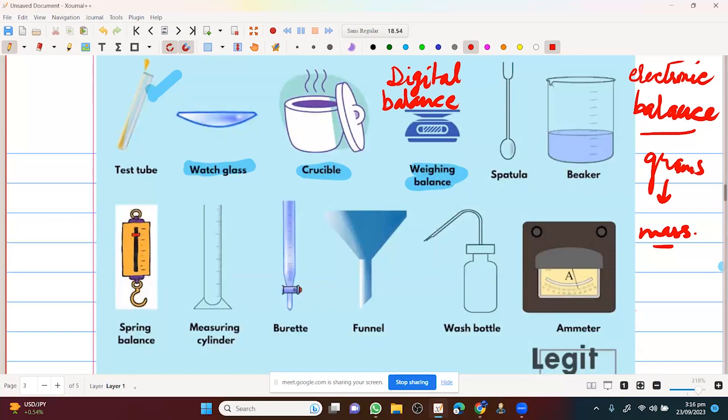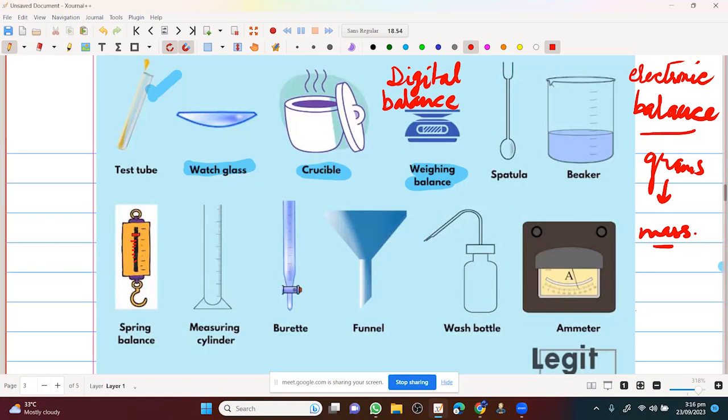So according to the measurement of the mass, the apparatuses are there. For very big purposes, big electronic balances are used, big machines on which you have to place more things.